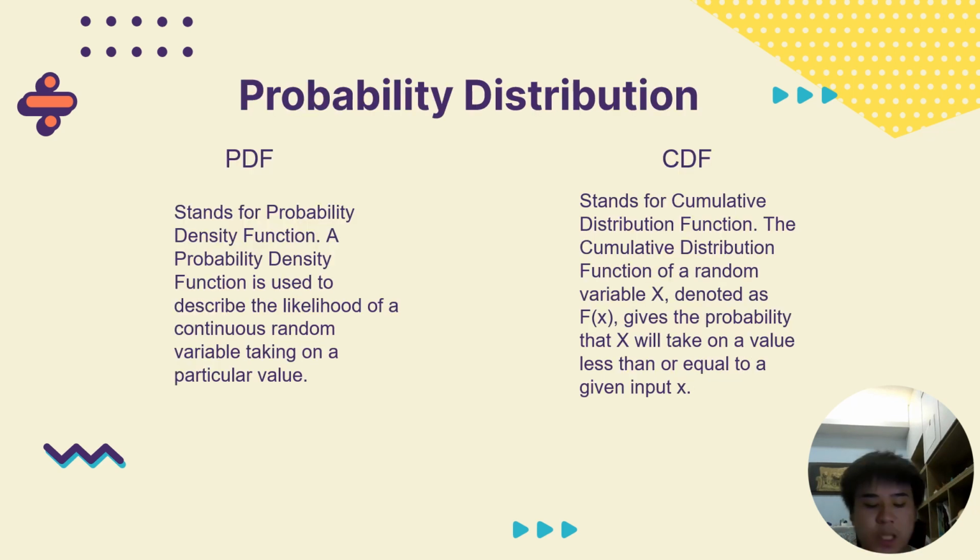Now, the most important concept of this unit, in my opinion, is the probability distribution. You have PDF and CDF. PDF stands for probability density function, and it is used to describe the likelihood of a continuous random variable taking on a particular value. Remember, it's a particular value, exactly a value you're looking for.